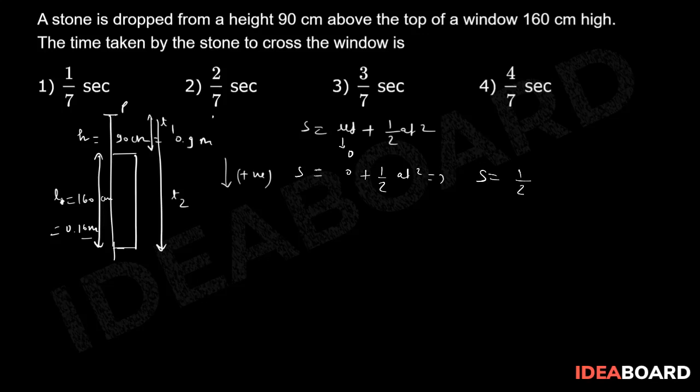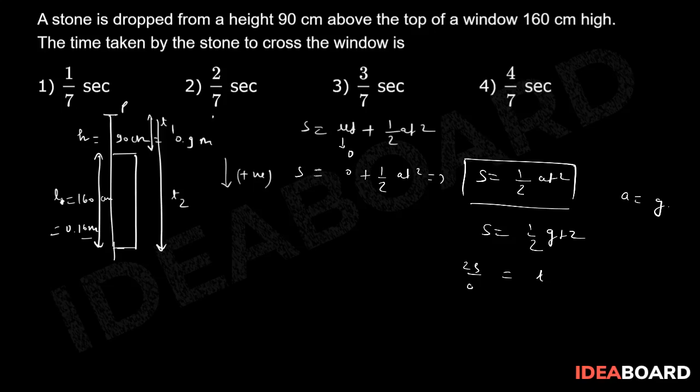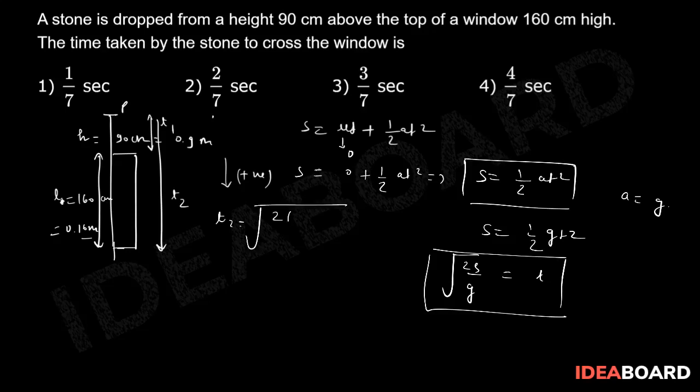That means we can apply S is equal to half at square, where a is simply g, so we can also write half g t square, or t can be written as under root of 2S by g. So we can directly utilize this formula. So for the time t2 can be written as under root of 2 times the total distance S, which is going to be L plus h, by g.